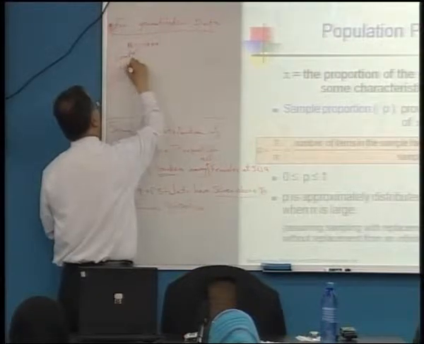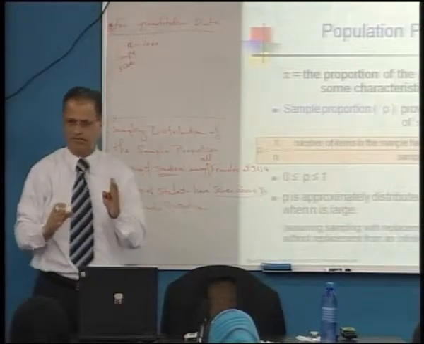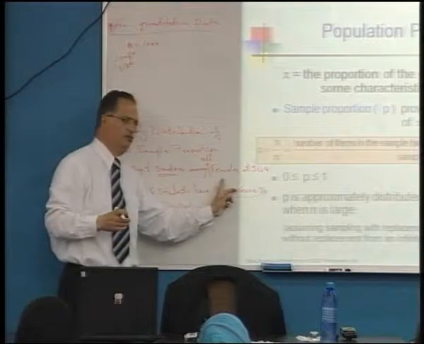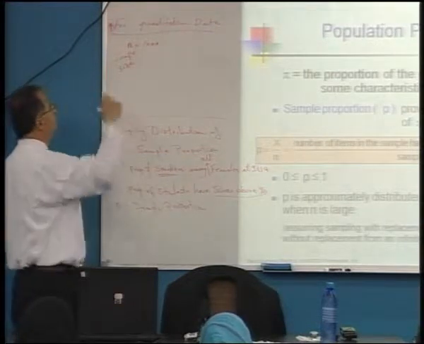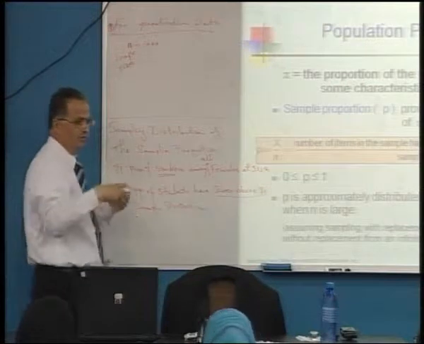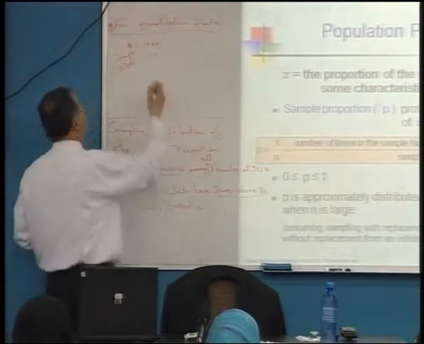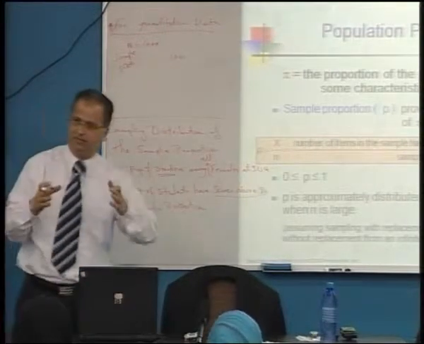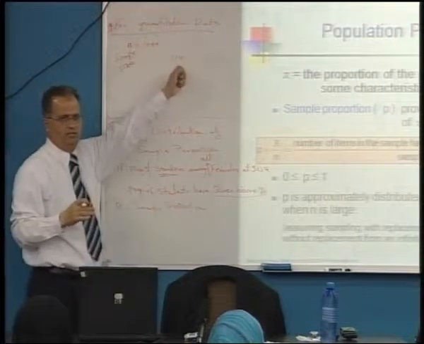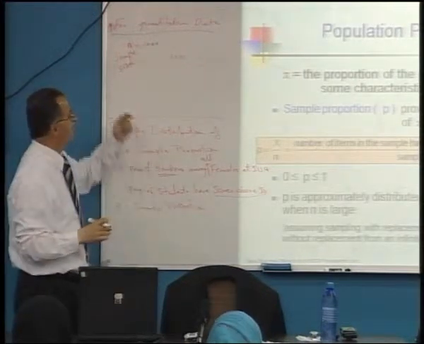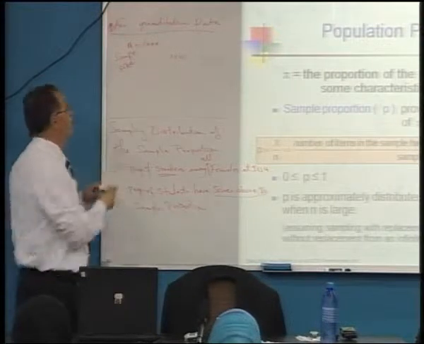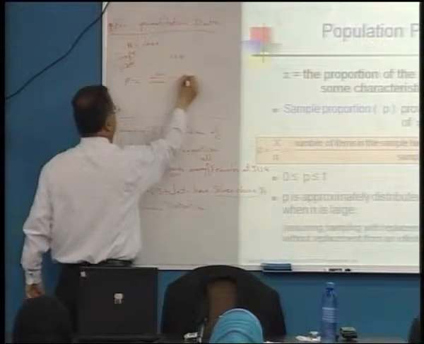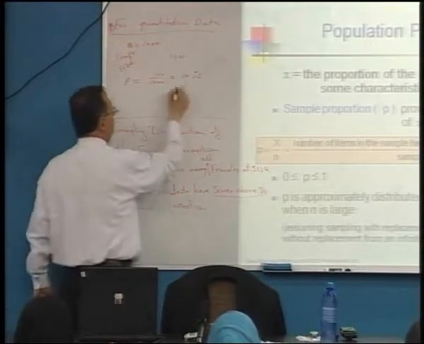Here we selected a random sample of size 1,000 from the population of females. And suppose we found that the number of smokers among these equals 100. So out of 1,000, 100 students are smoking. Now, what's the percentage of smokers in this case? 10%. So p equals 100 divided by 1,000, so that's 10%, or 0.1.